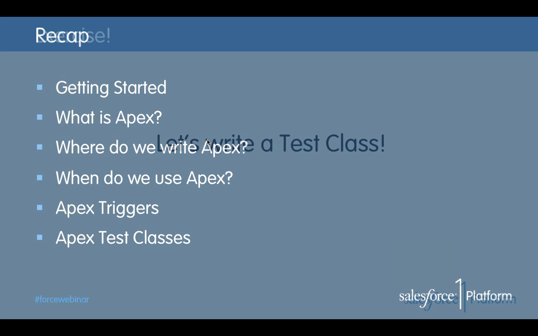But since we're coding on the Salesforce platform, all of our code gets run on Salesforce's servers, and Salesforce just wants to make sure that we don't break the cloud. So we have to write test classes. And what we want to do in our test class is indirectly call our trigger. It might sound confusing right now, but you're going to see in a minute what I'm talking about. We want to indirectly activate our trigger.